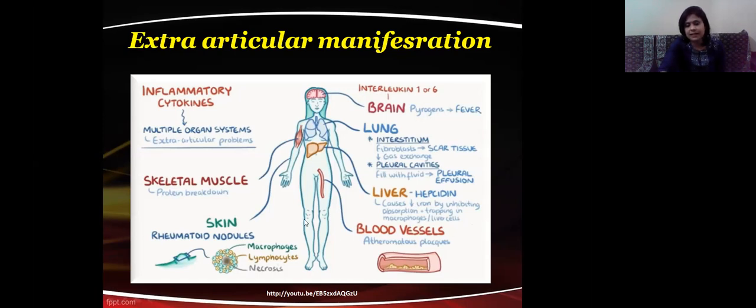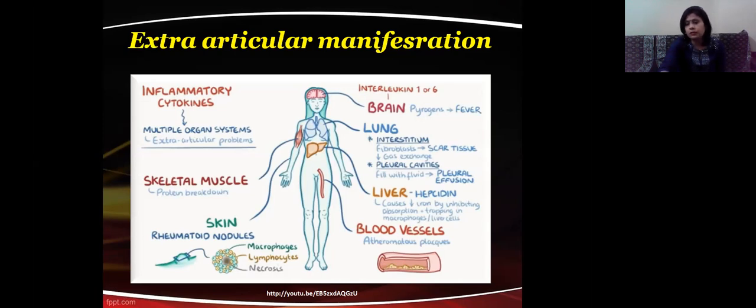These inflammatory cytokines will also reach the blood vessels, where they will cause different forms of vasculitis, which will promote formation of atheromas and various fibrofatty plaques. So these are the extra-articular manifestations of rheumatoid arthritis.